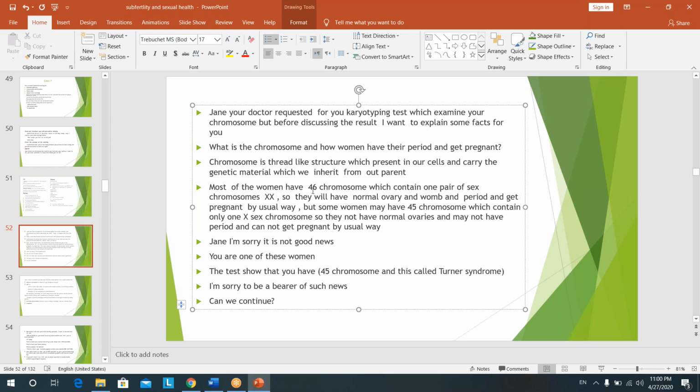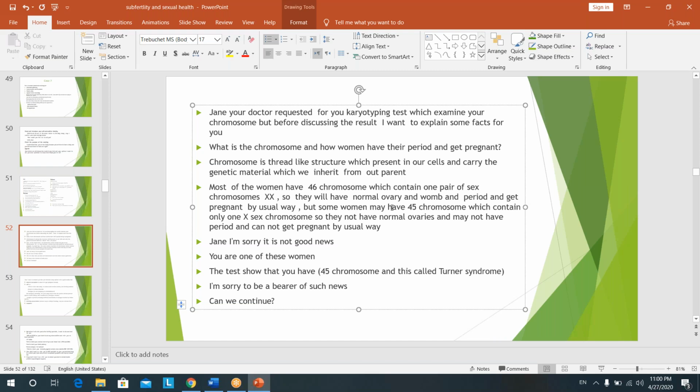Most of the women have 46 chromosomes, which contain a pair of the X chromosome. So they will have normal ovary, normal womb, can have period and get pregnant by the usual way. But some women, so this is a woman, not any other thing like that. She is a woman.